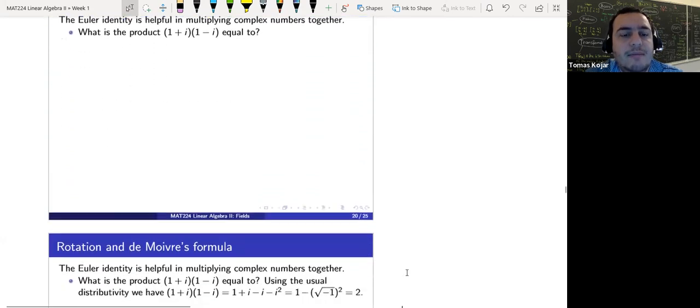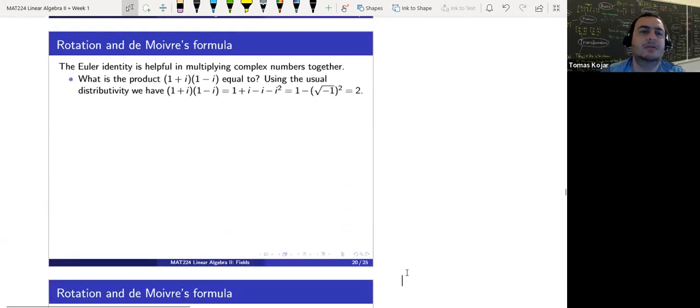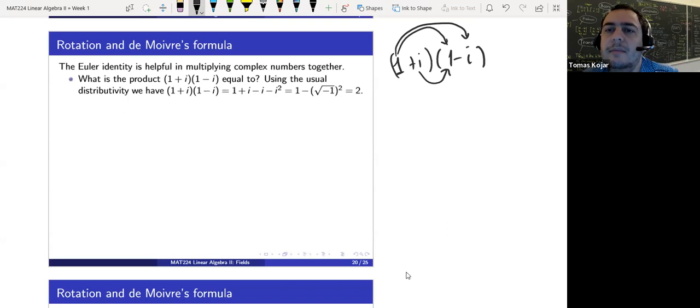So in your book, they have these exercises of multiplying complex numbers together. The multiplication of two complex numbers can be done by distributivity. So (1 plus i)(1 minus i) can be found by distributing. So 1 times 1, 1 times minus i, i times 1, and i times minus i.